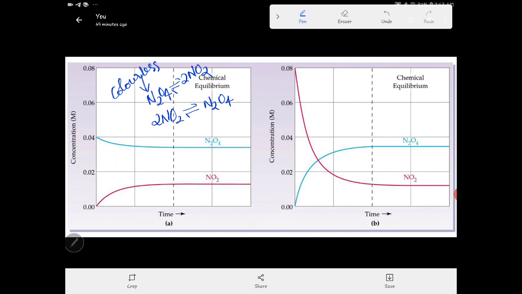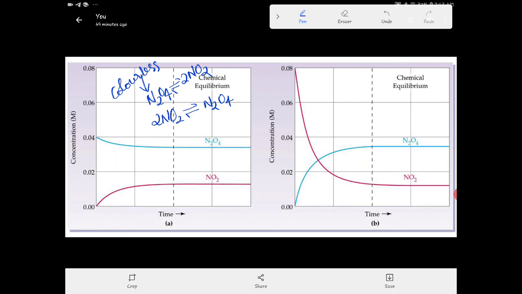If you take a transparent globe and conduct the reaction inside it, when N2O4 is getting converted to NO2, the color of the mixture changes to reddish brown. If NO2 is getting reduced, it becomes colorless. So by looking at the color change, you can predict the extent of the reaction. That's why this reaction is preferred.